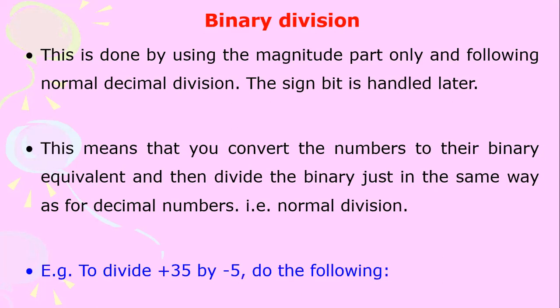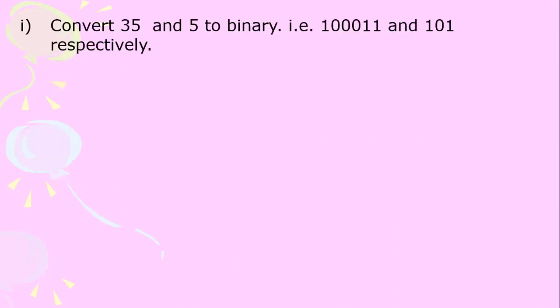For example, if you are told to divide positive 35 by negative 5, this is what you do. The first step, convert 35 and 5 to binary.